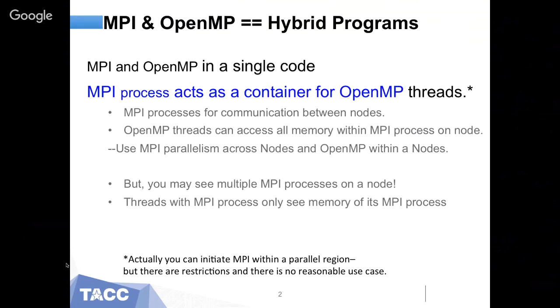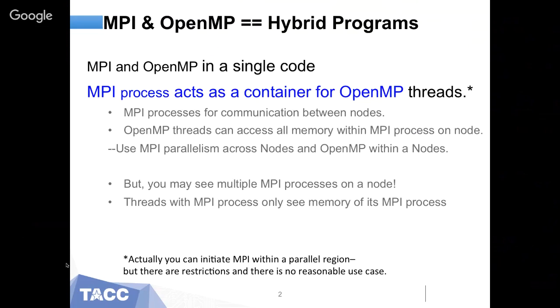So the code that you write for MPI that runs on each of these nodes and can connect with each other and pass messages or data back and forth is, think of it as the container for the OpenMP executions. You have this process called the MPI process on that node. It has connections to the outside world, and in there you're going to put some OpenMP code, okay? And we'll see some simple examples of this, and it will hopefully make things clear.